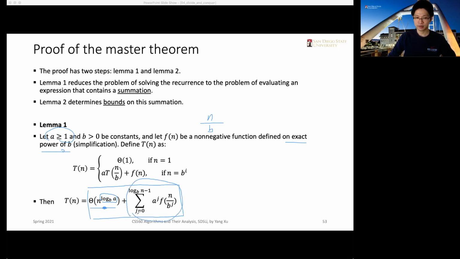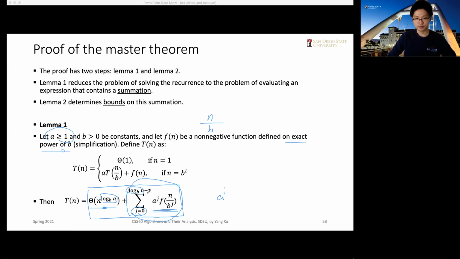If we first look inside, it is a product of a to the power of j times f of n divided by b to the power of j. The range of the summation is from 0 to logarithm base b of n minus 1.